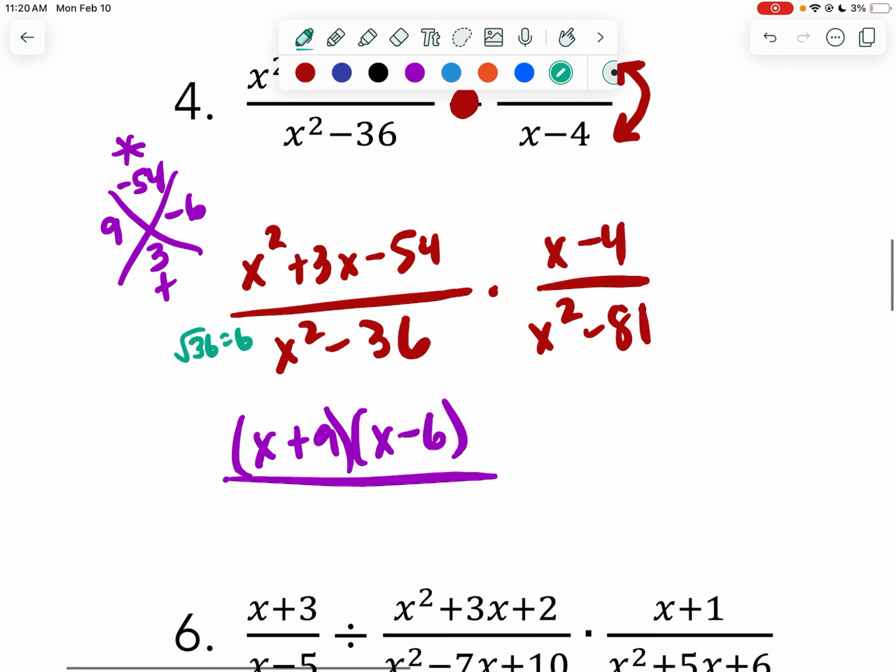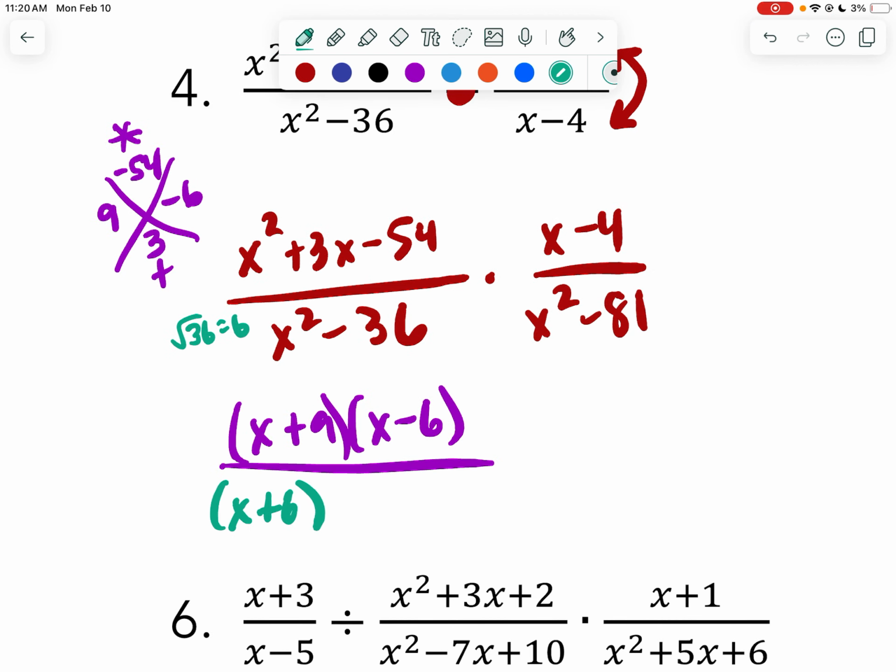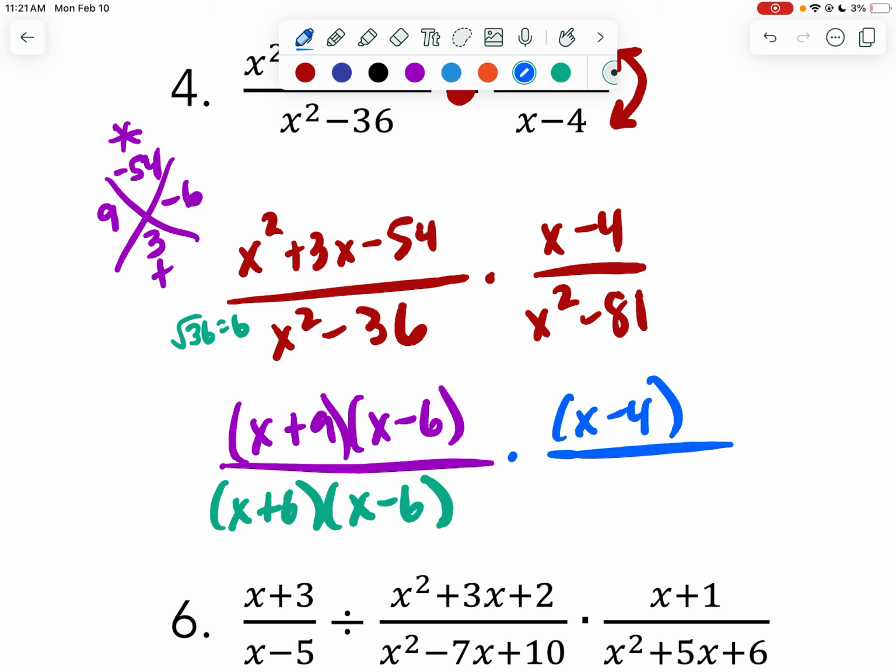That's 6, and it's a minus sign, so that's x plus 6, x minus 6. Times, can't do anything with x minus 4. This is also difference of squares. Square root of 81 is 9, and there's a minus, so it's x plus 9, x minus 9.